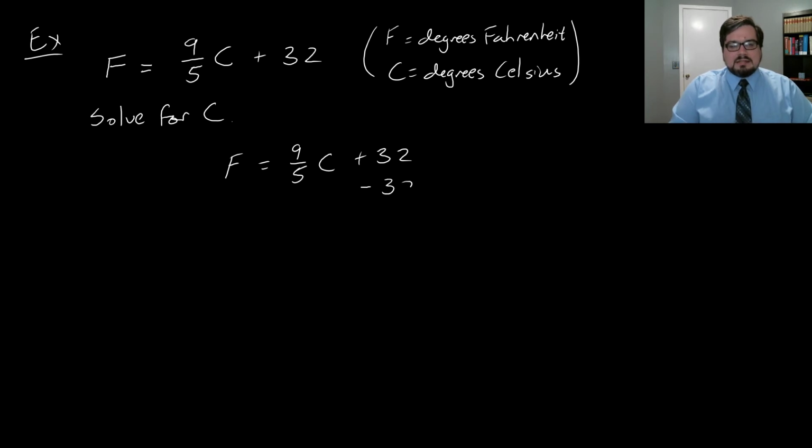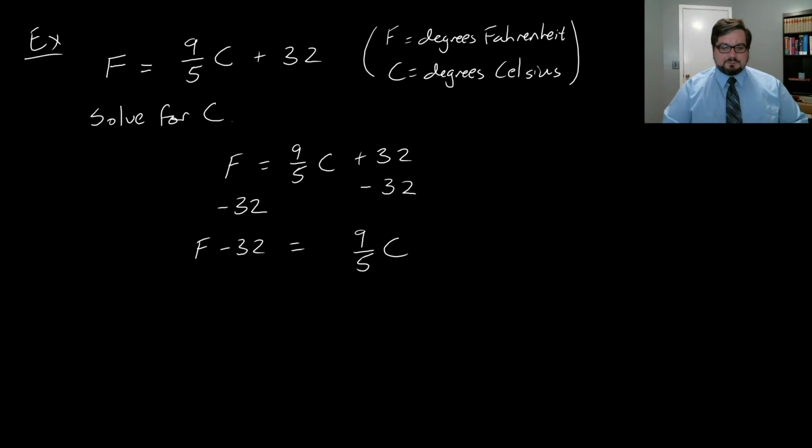We want to get C by itself, so we're going to start off by subtracting 32 from both sides. We're trying to get the C by itself. This plus 32 is sitting over here. Let's just move it to the other side and be done with it. So we have F minus 32 equals 9/5 C. So now the question is, how do we get the C by itself?